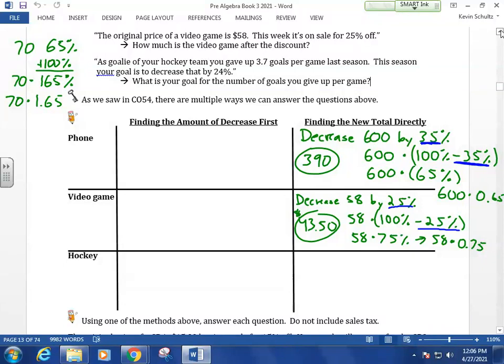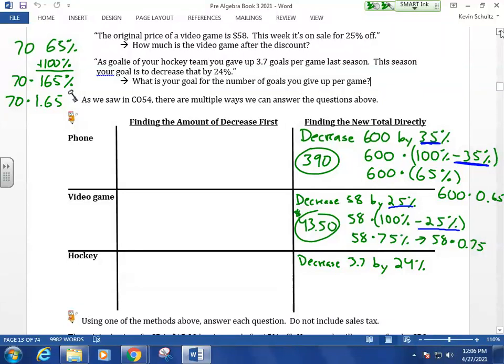Okay? Third one. We want to decrease 3.7 by 24%. Okay, so kind of similar numbers as the last one, 24%, 25%, similar there.